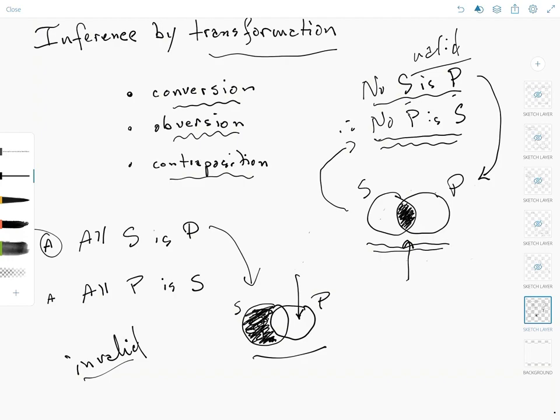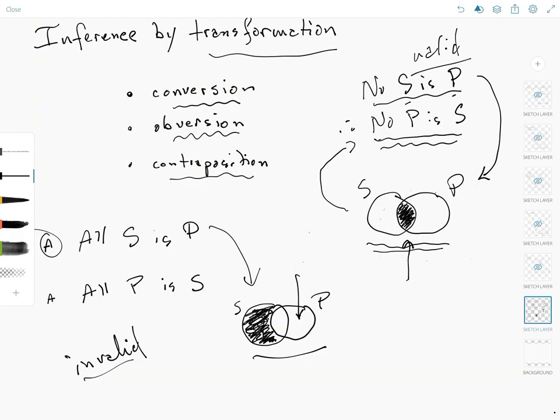It might still be false because there could be P's that are not S's. And if there are, then it's false. So the point here is the require aspect of it, right? In a genuine, valid inference, the truth of the premise requires the conclusion to be true. And using a diagram in this way, we can prove why that is.